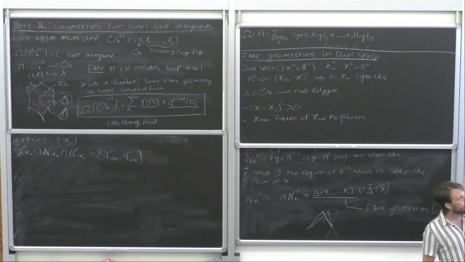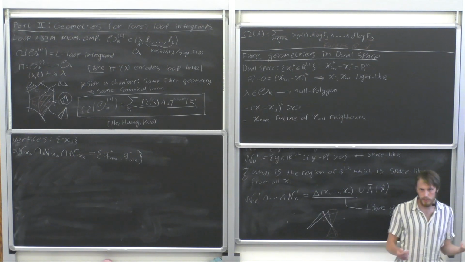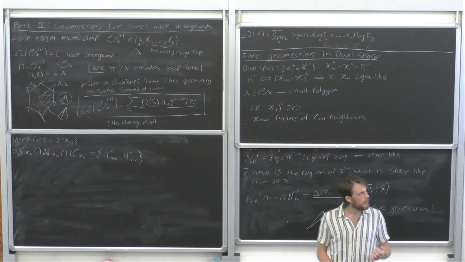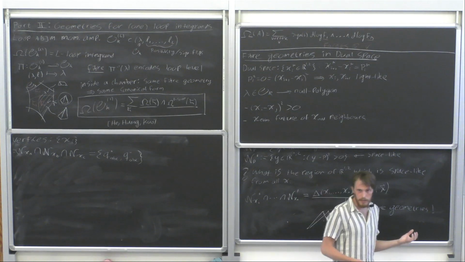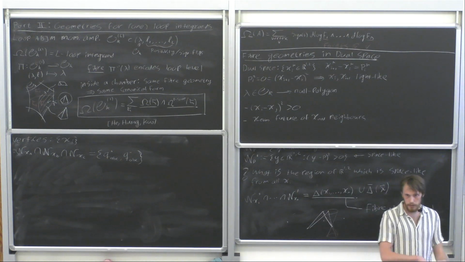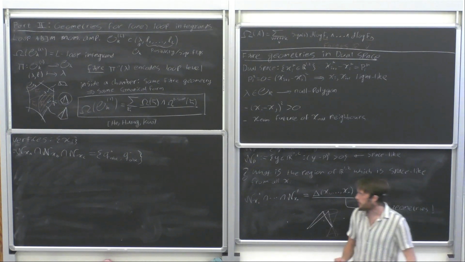And these vertices Q plus and Q minus, they are defined as triple intersection of these facets. And they can either be 3 past light cones intersecting or 3 future light cones intersections.